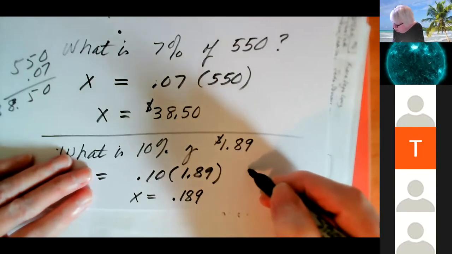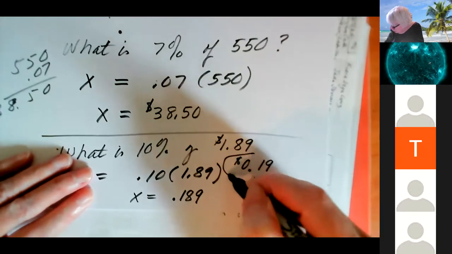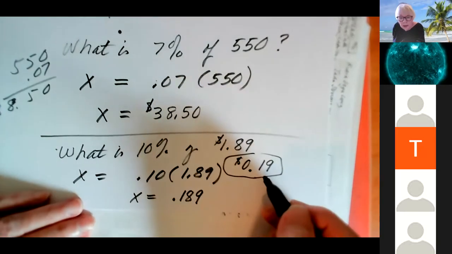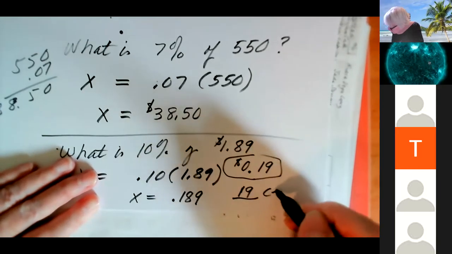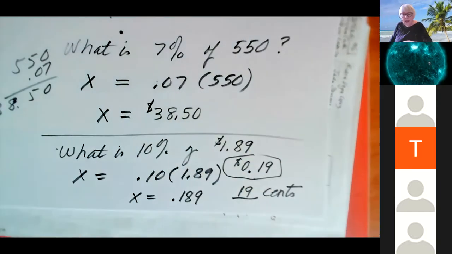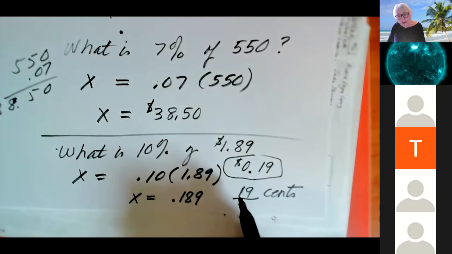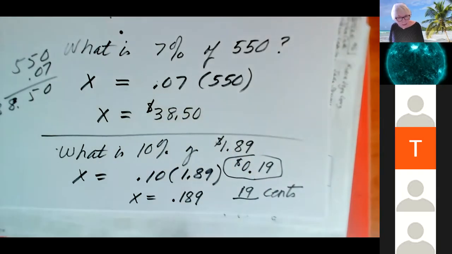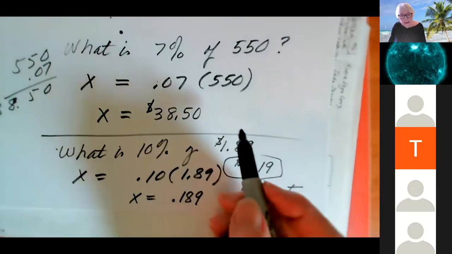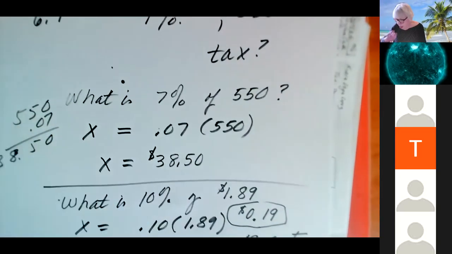So the tax would be like that, or if they wanted it in cents, you would tell them 19. Seattle is expensive, but it's easy to compute.